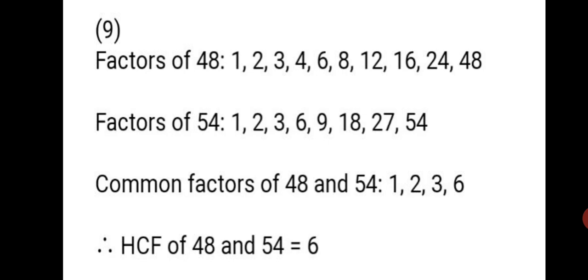Match the first with the last, second with the second last, third with third last and fourth with fourth last. When you multiply these pairs, you get answer 54, then you are on the right track. Okay, now common factors of 48 and 54 are 1, 2, 3, 6. Therefore, HCF of 48 and 54 is equal to 6.